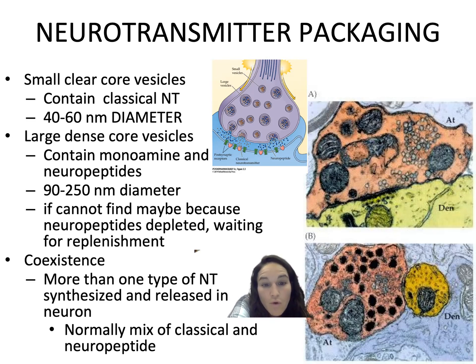And this is just called coexistence, where a cell can release multiple types of neurotransmitters. We can have multiple types of neurotransmitters either packaged within the same vesicles, or we might have different types of vesicles that are released by the same cell. And so we could have acetylcholine and glutamate in the same vesicle, as long as we have vesicular transporters for those neurotransmitters present in the neuron itself.